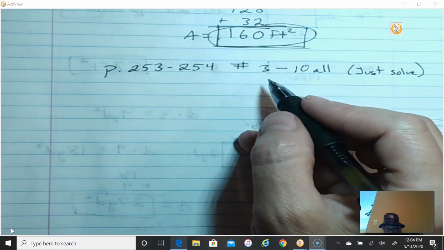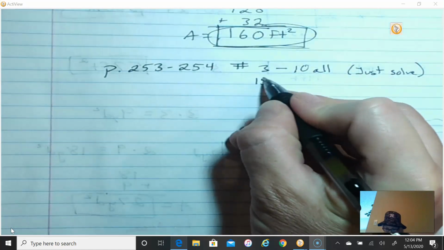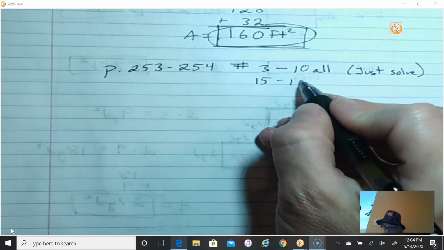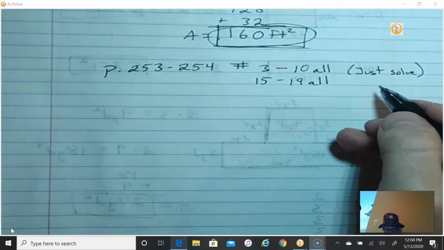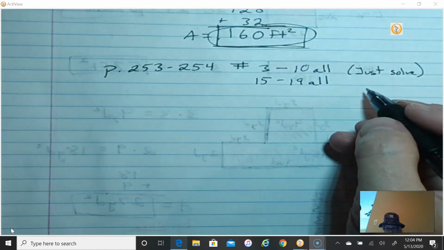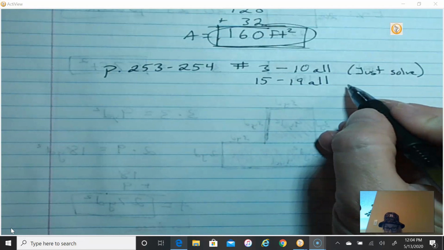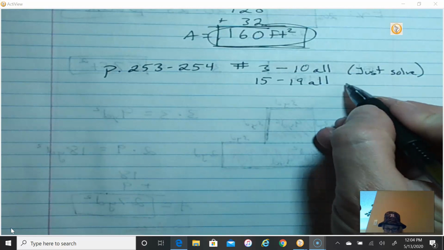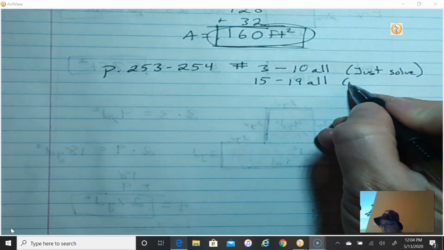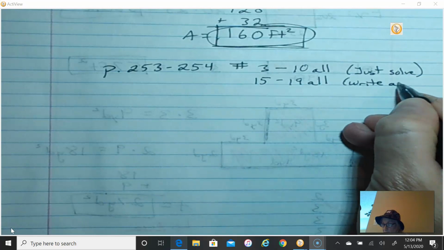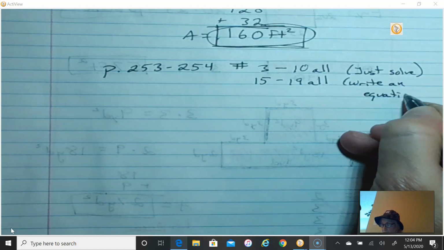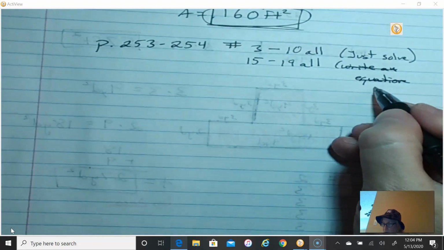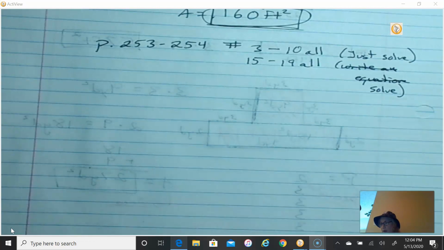And then over here, I want you to do 15 through 19 all. And then I want you to follow the directions on those, okay? But wherever it says write an equation, don't do it, okay? I want you to just solve, okay?